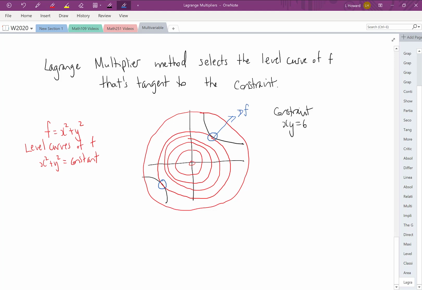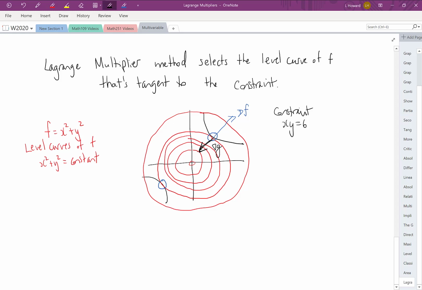And because our constraint is also a level curve, of the form function equals constant, it's also true that the gradient of the constraint is perpendicular to that constraint. So I'll draw a gradient of g going this way here. That black arrow there is our gradient of g.